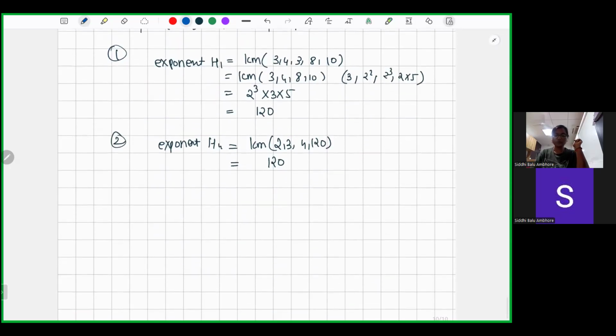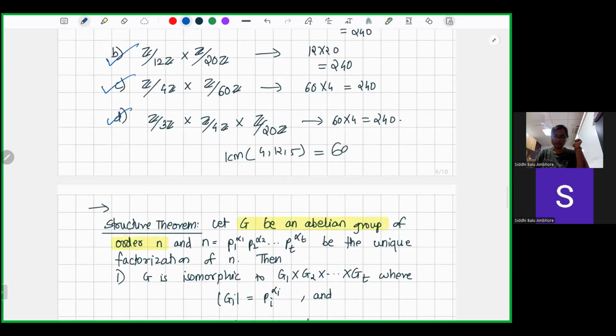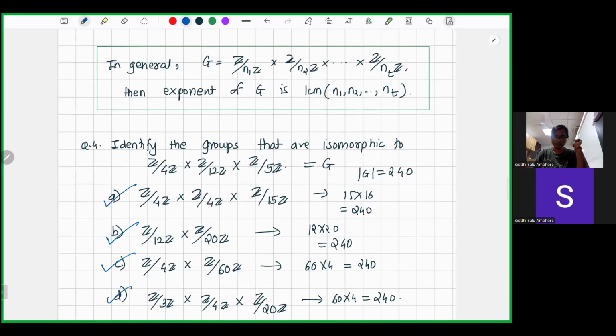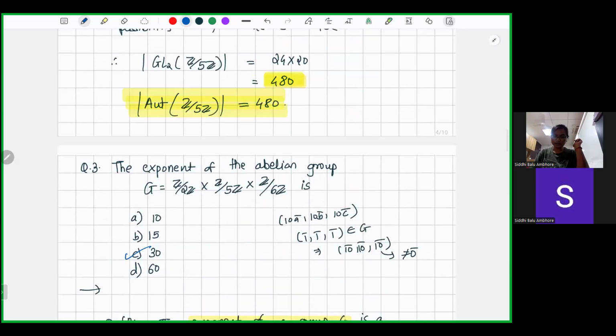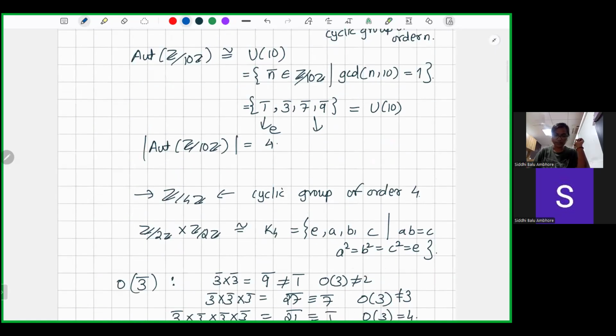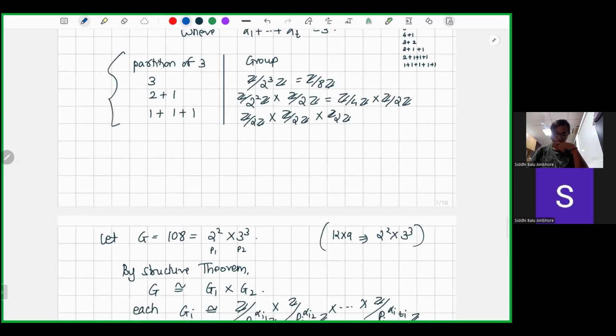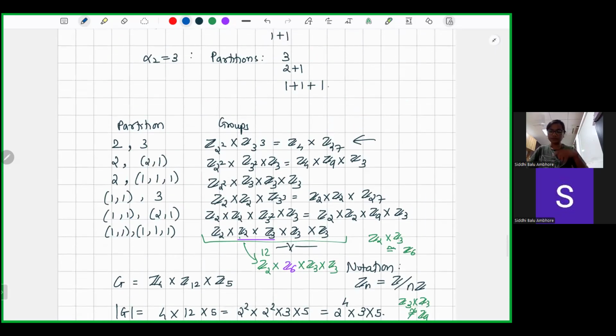Now let us move on. For example, if I go here, the box which I wrote for, I think 100, yeah, this one. Here, if you check, the exponent of this one is 108.